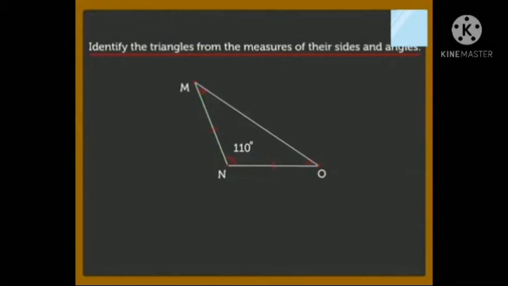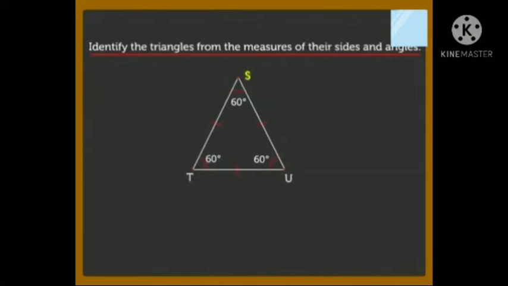So triangle MNO is an obtuse angled isosceles triangle. Now here in this triangle all angles are 60 degrees and all sides are also equal to each other. So we will read it: triangle STU is an acute angled equilateral triangle.